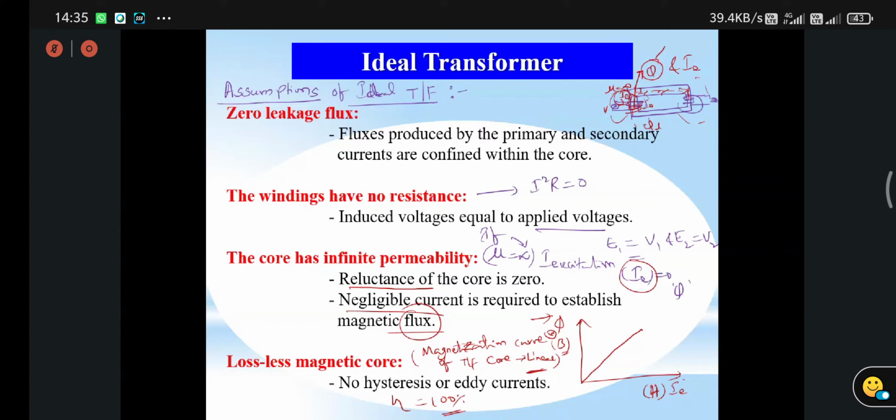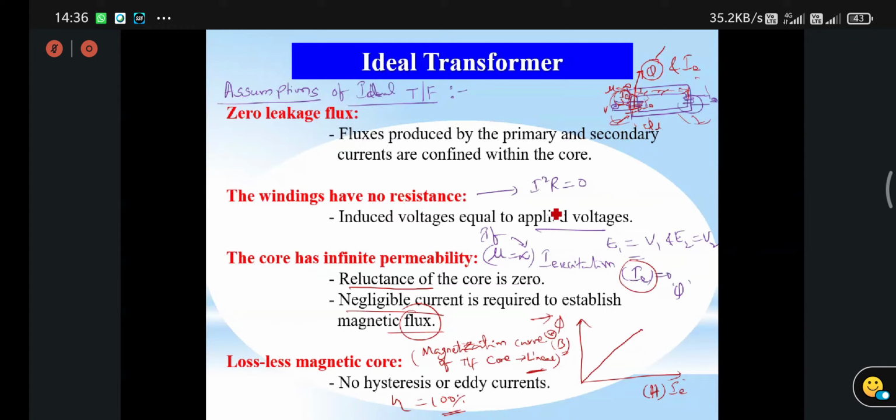Here is a transformer which has no ohmic resistance and no magnetic leakage flux, that is, all the flux produced in the core links with the primary and secondary.